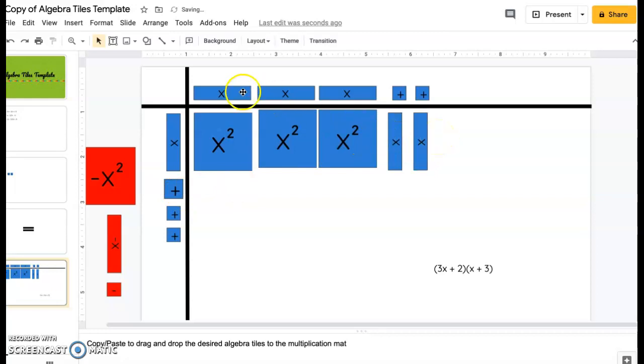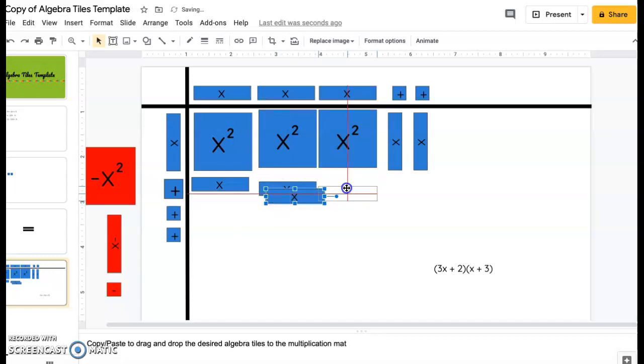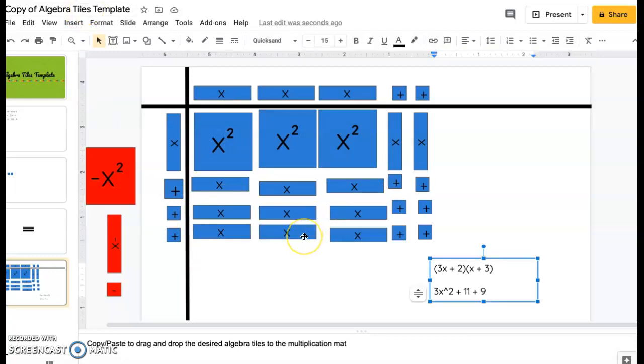So here we're going to copy this one and move it down. There we go. And then it's going to be positive times positive. Or no, I lied. It's going to be a few more of these. Alright, so I decided to just pause it and do the rest of it behind the scenes. So we end up with 3 sets of x squared, 11 x's, and 9 1's.